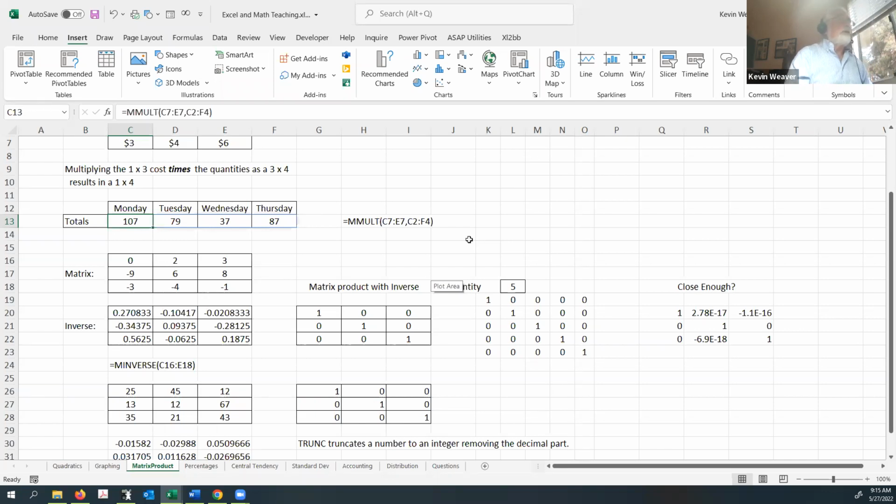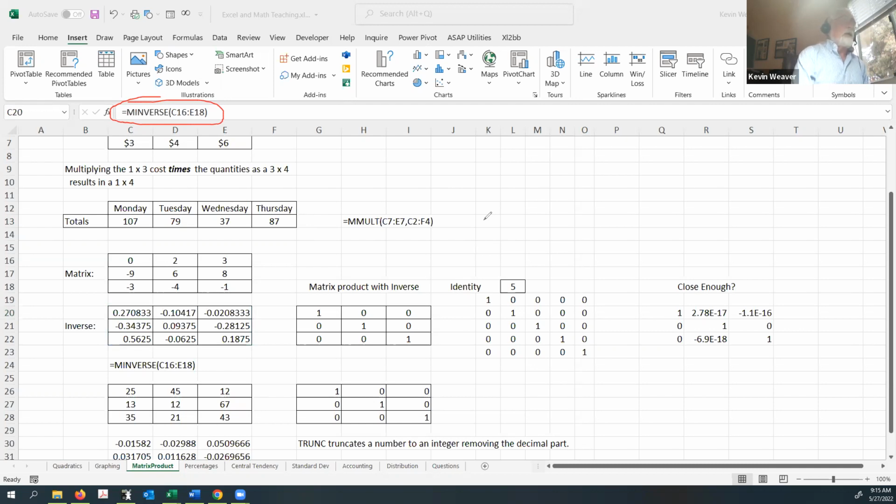And again, we'll use Excel as the crutch, and it has a function called M inverse, and it will find the matrix inverse if it has one. If it doesn't, you'll get an error message.